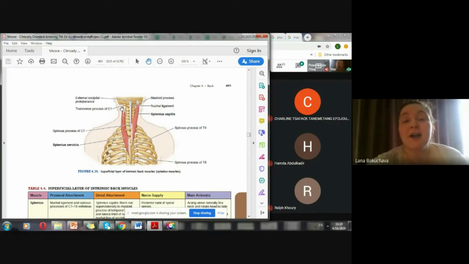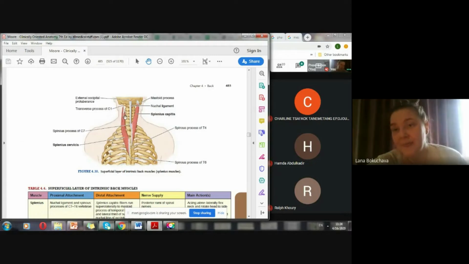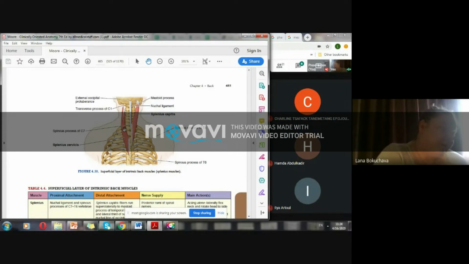These are the splenius capitis, where the word capitis or caput literally means head, and the splenius cervicis, according to its attachment to the cervical region of the vertebrae. As a result, the whole splenius muscle, according to its distal attachment, is subdivided into the splenius capitis and the splenius cervicis.